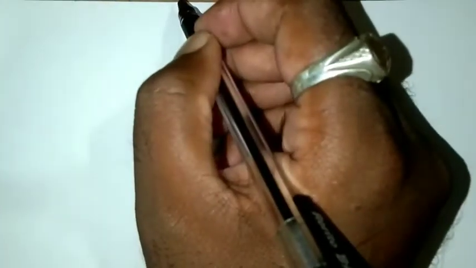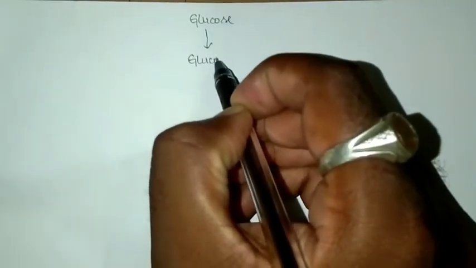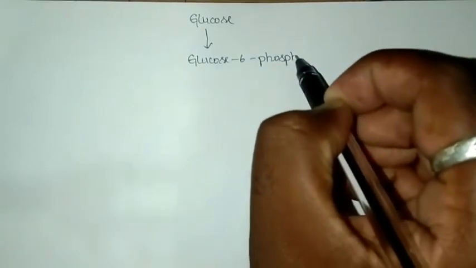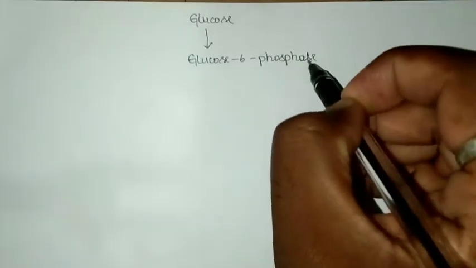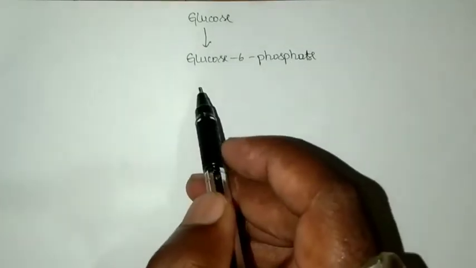First, the glucose molecule will be obtained from the polysaccharide. Now we shall go with animal cells. In animal cells, the glucose will be stored in the form of glycogen, and glycogen will degrade to give glucose. First, the produced glucose molecule will get activated through phosphorylation so as to produce glucose 6-phosphate.